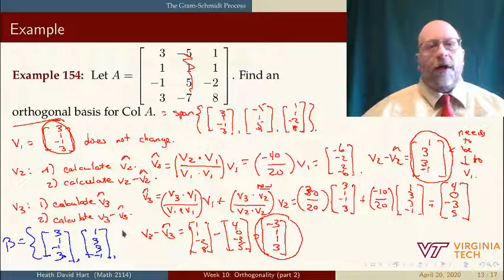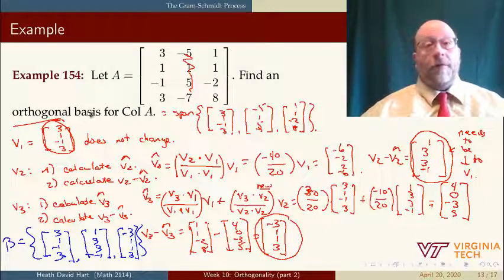And our third vector, -3, 1, 1, 3. All right, so we've done this. We found an orthogonal basis for the column space. The first vector doesn't change. The second vector projects onto just V1. The third vector projects onto V1 and V2.